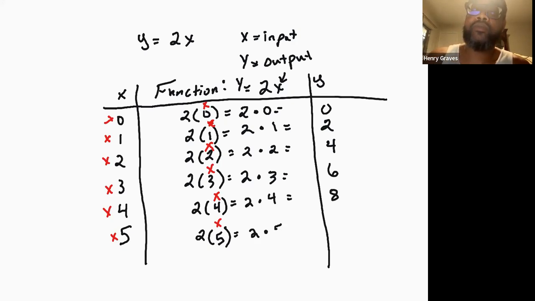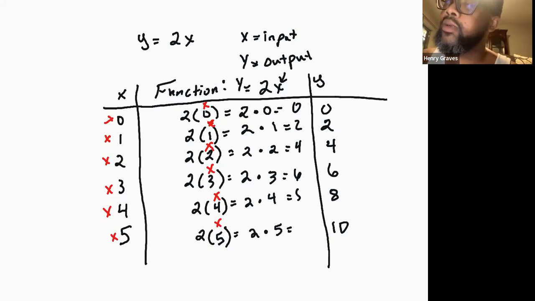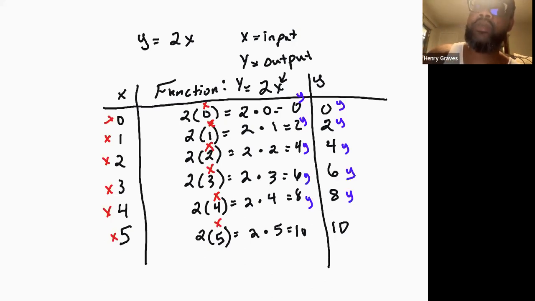Notice the answers, right? 0, 2, 4, 6, 8, and 10. All of those correspond to the y numbers, right? See how that matches my answer? So essentially, my x, which is the red, I have to take that and input it.